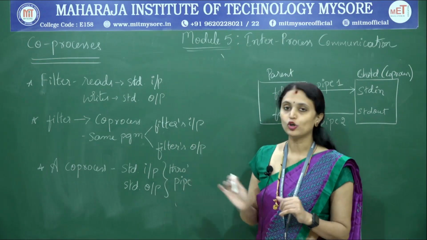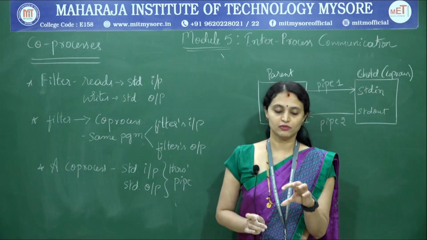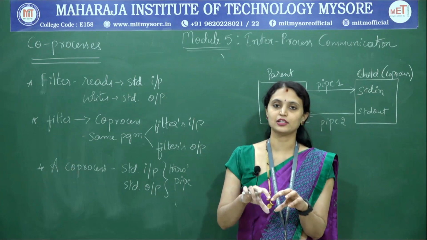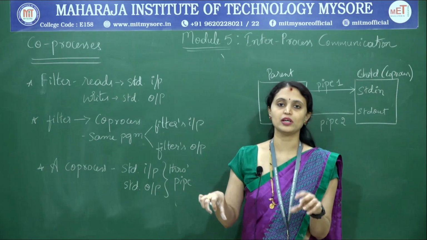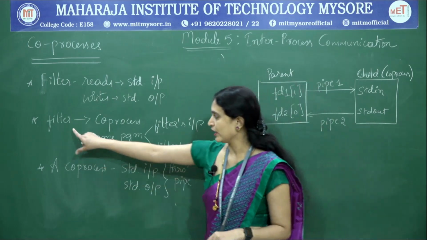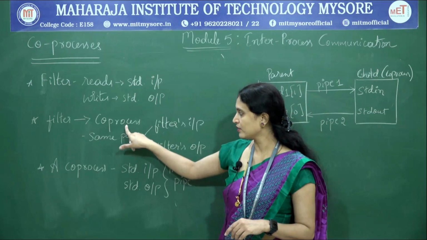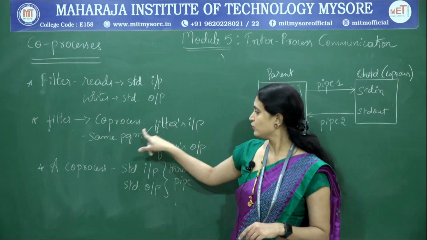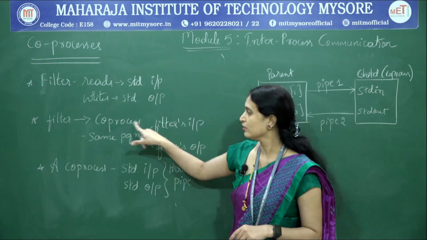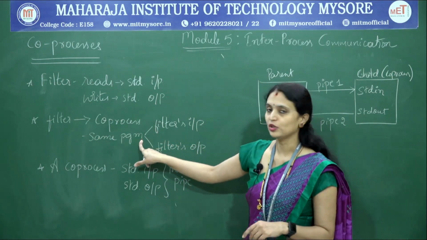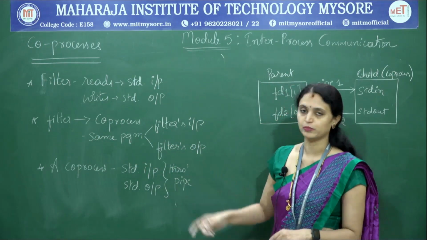Understand properly, a co-process means a process which has the same functionality as that of another process. Any filter can become a co-process if the same program reads from the filter's input and generates the filter's output.